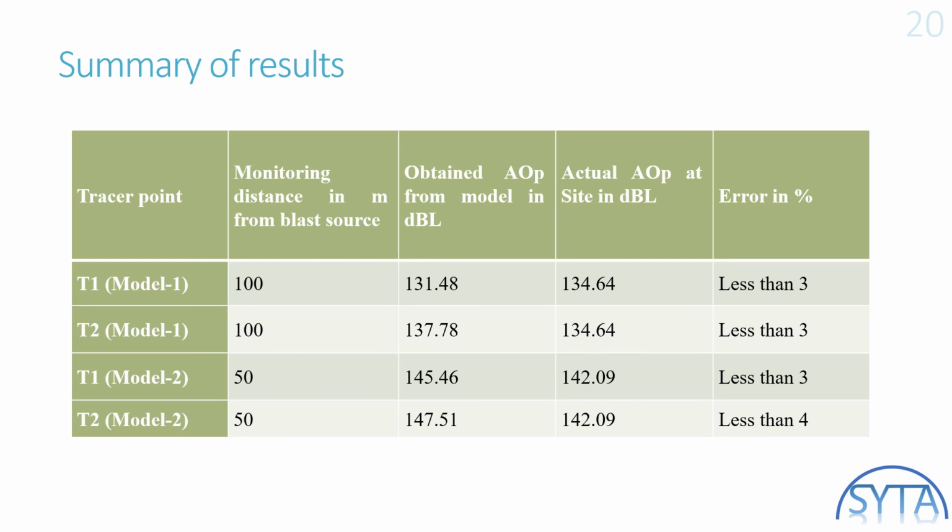Comparing this with the actual air pressure on site at a distance of 50 meters, which is 142.09 decibel, we have got an error of less than 3% in tracer point 1, and less than 4% in tracer point 2 compared to the actual air pressure at site.